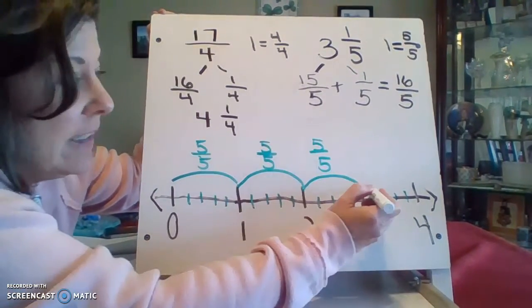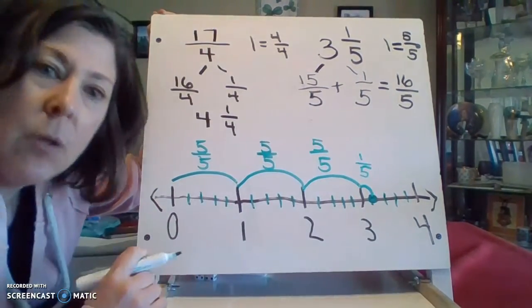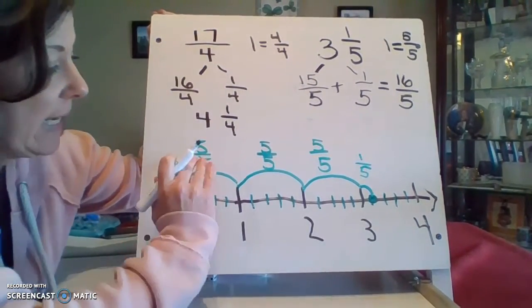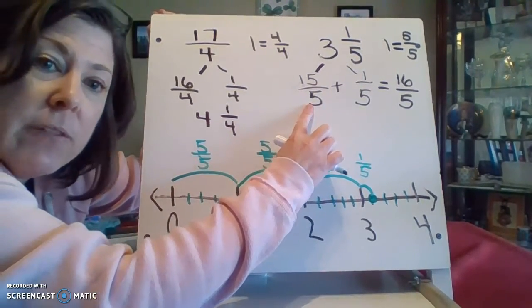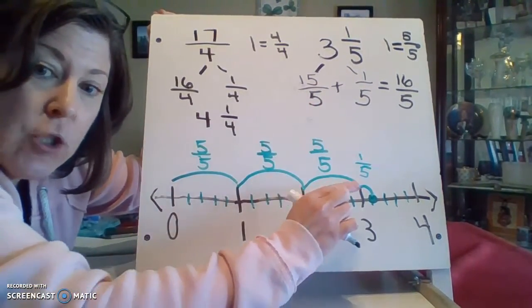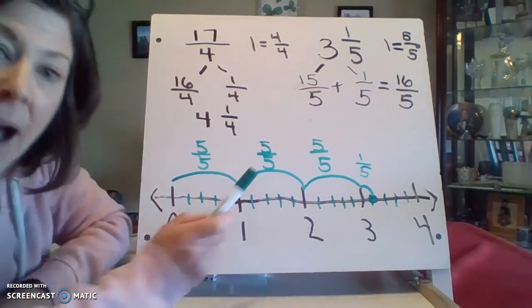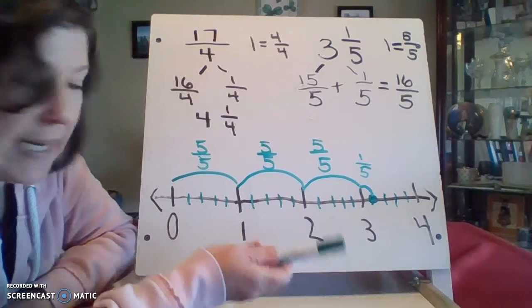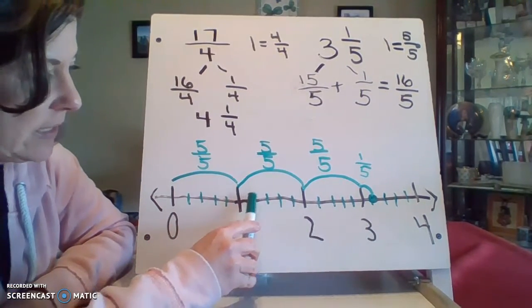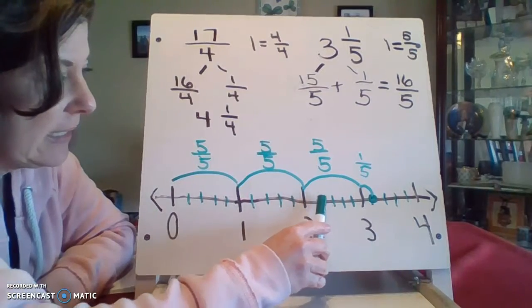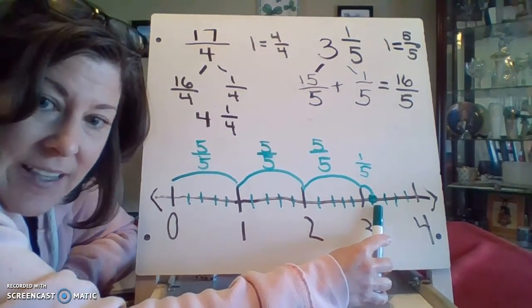And then I had one more fifth. So I had 3 of the 5 fifths. That's where my 15 fifths came from up here. And then an extra 1/5. So that would be 16 fifths. I can even count it on the number line just to double check myself. 1, 2, 3, 4, 5, 6, 7, 8, 9, 10, 11, 12, 13, 14, 15, 16 fifths.